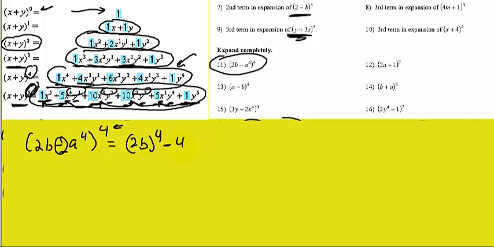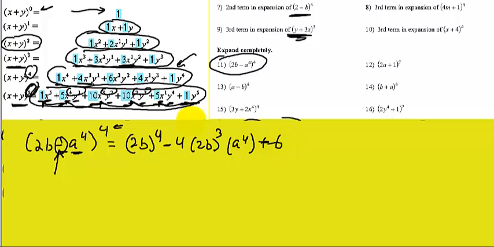And then I have a 4, and then I have a 2b to the third, and then a to the fourth. That's my second half of that problem. And then I have a plus, because I'm alternating signs because of this minus right there.